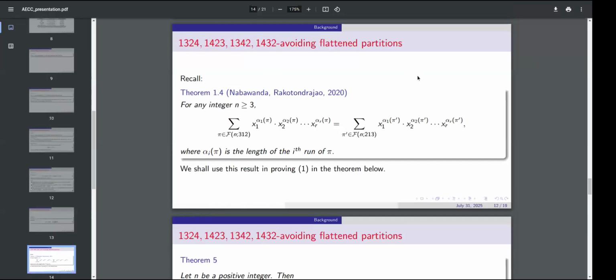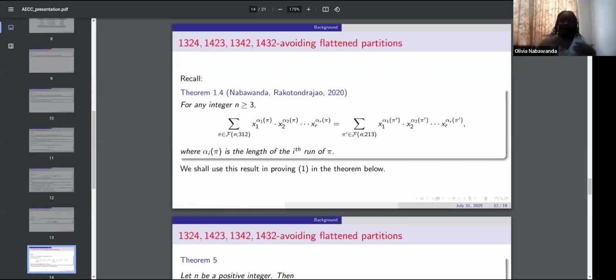So I was saying that in my work, together with Rakton Rajao, we were able to construct a bijection between 213 and 312 avoiding flattened partitions. And this bijection was interesting in the sense that besides the two sets being counted by the same sequence, it was preserving some statistics.